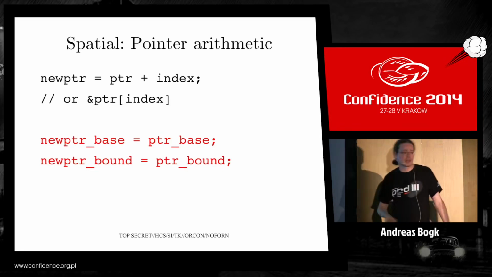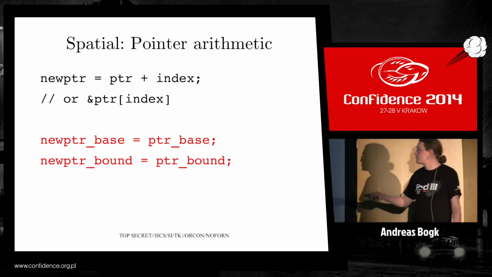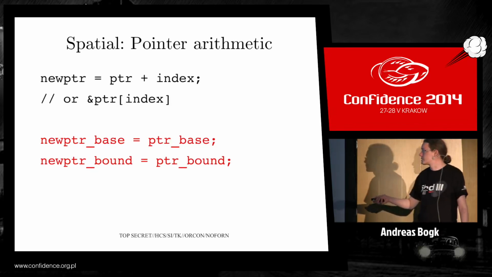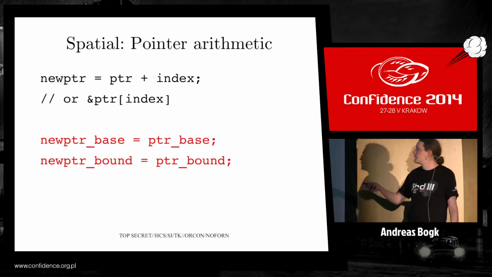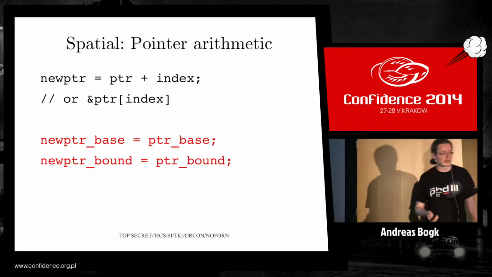So if I have something allocated at address 100 of size 100, I know that my base is 100, my bound is 200, and if I say pointer value plus 50, the new pointer gets the value 150, but it gets propagated a base value of 100 and a bound value of 200, just like the pointer it was based on before.